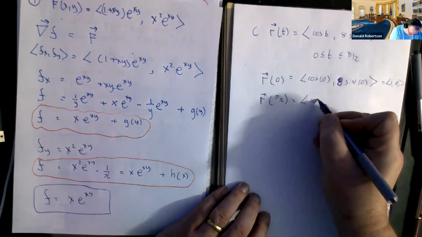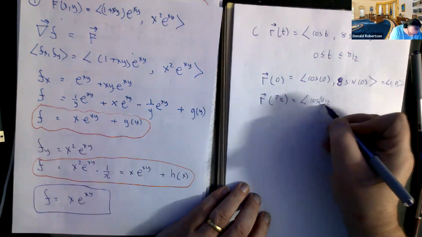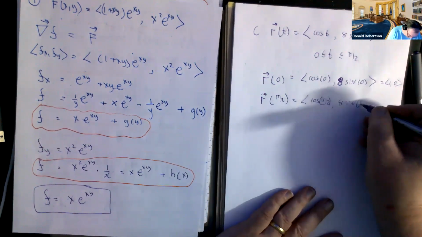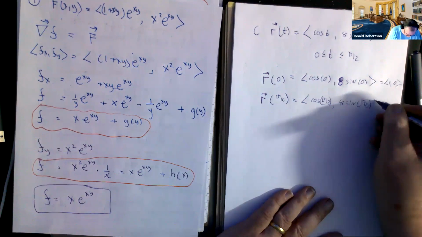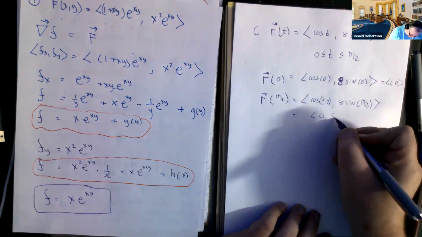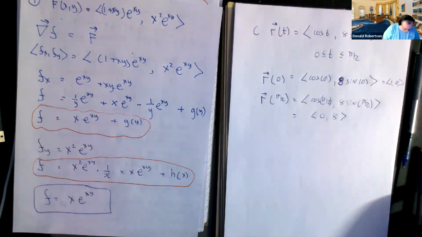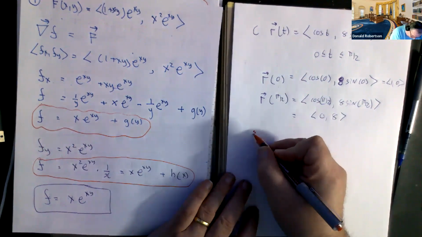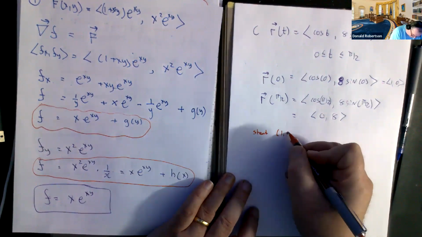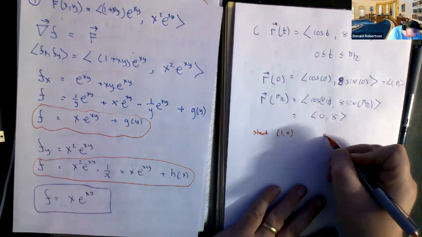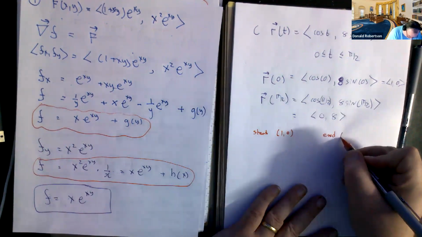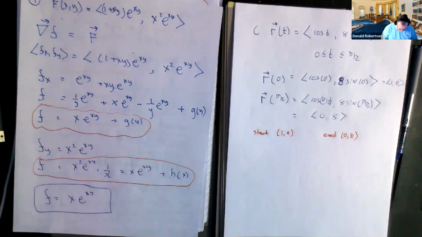So it ends up being the cosine of pi upon 2, which we know is 0, and 8 times the sine of pi upon 2, which we know is 1. So you're going to get a 0, 1 times 8, 8. So I know the start and the end coordinates. I know that's its position vector, but position vector is just another way of telling you in a vector form the coordinates of something. So there's the coordinates of the end.